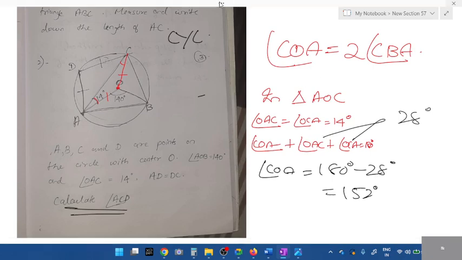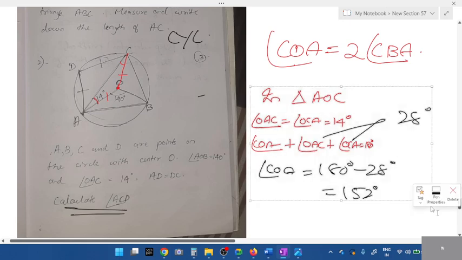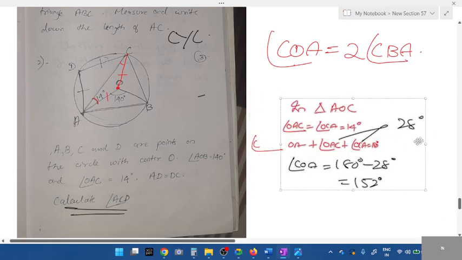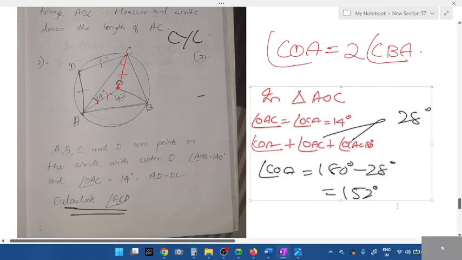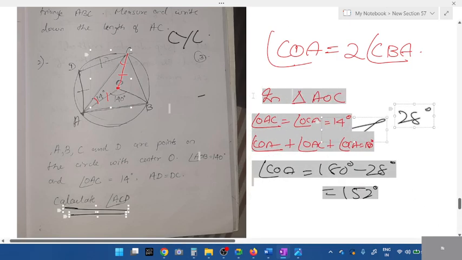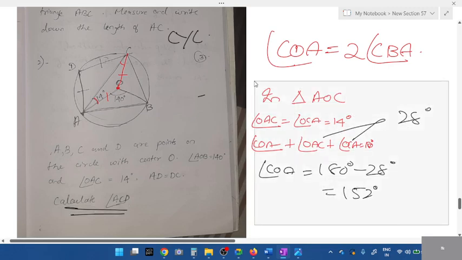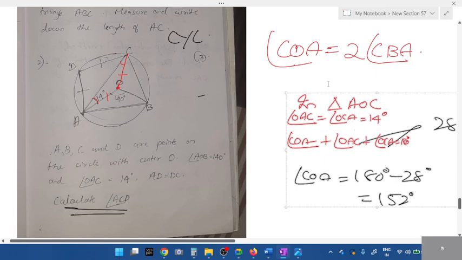All of you understood? 152 degrees, students. Right. You did it. Yes. How did you all do it? AOB is equal to 2.